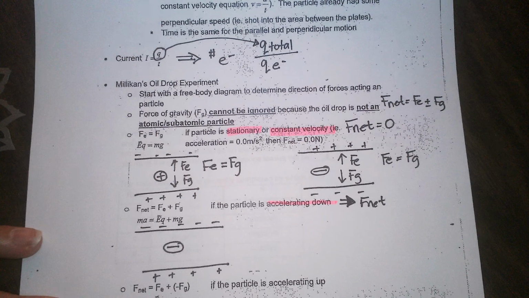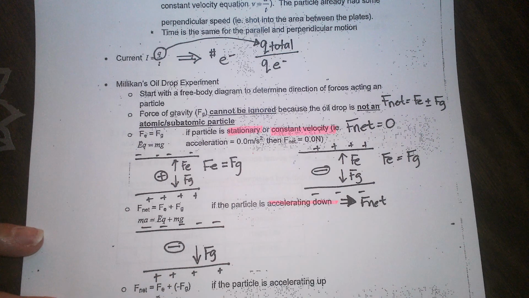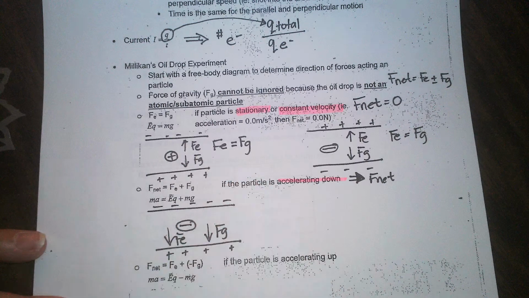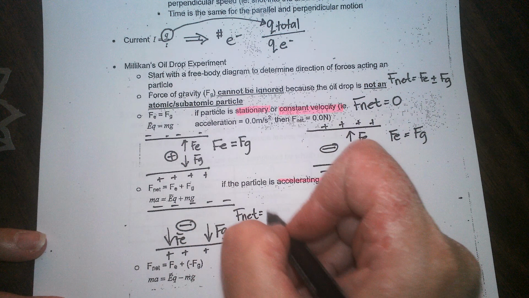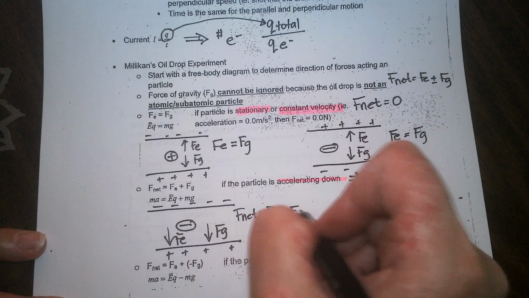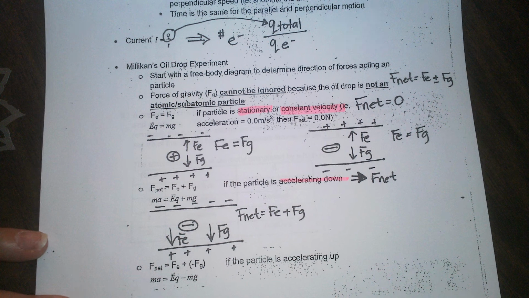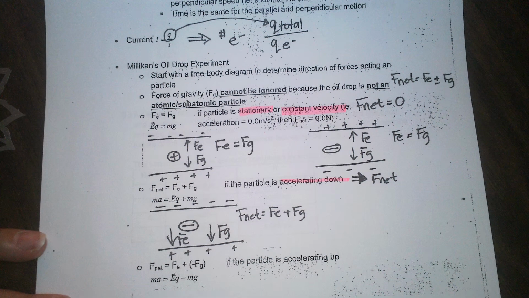Which way is gravity working? Down. Which way is this charged particle going to move? Down. So in this particular case, force net is going to be equal to force electric plus force gravity because they're moving in the same direction. You could say negative force electric minus force of gravity. It doesn't matter. They're moving in the same direction.